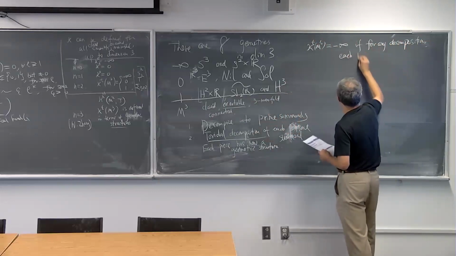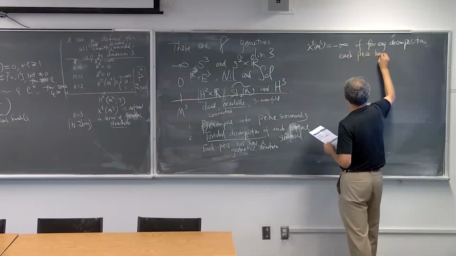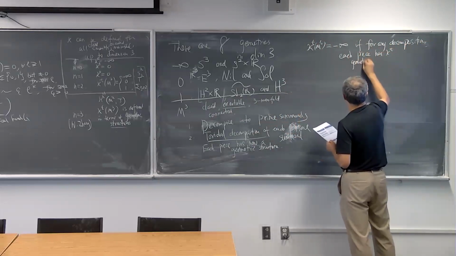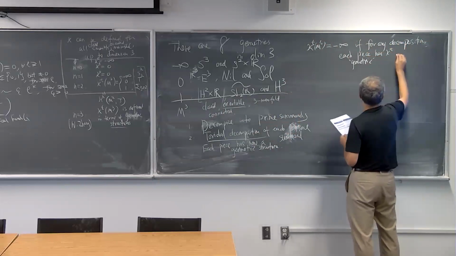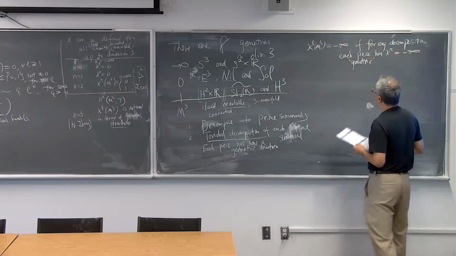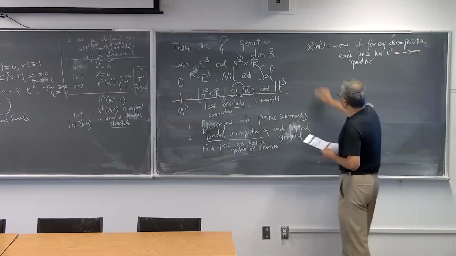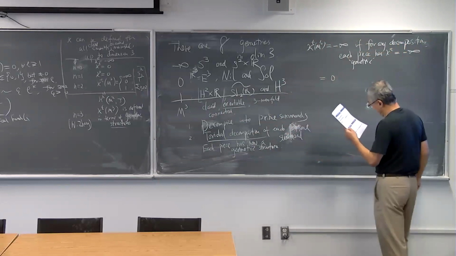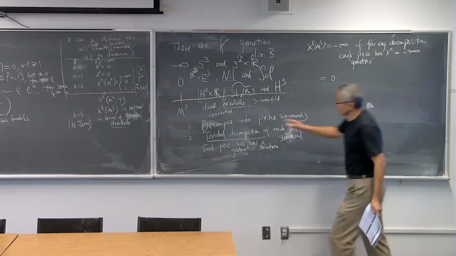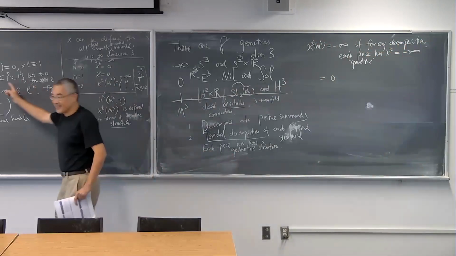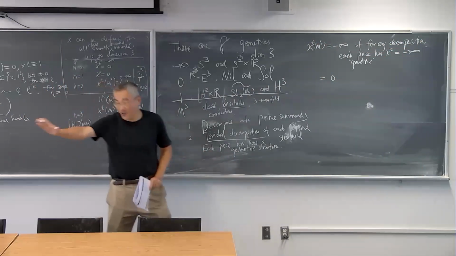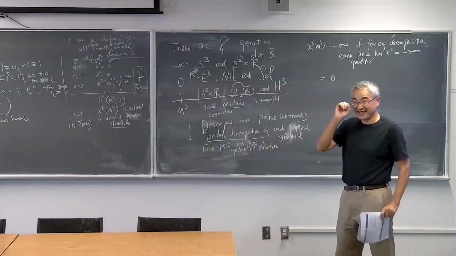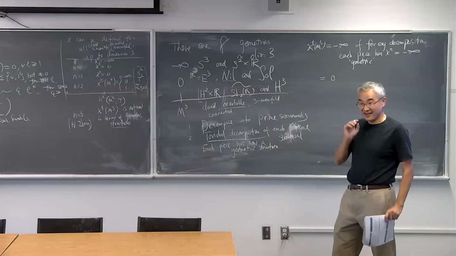Each geometric piece has a Kodaira dimension. Then it's zero if it's similar to this case. So for some piece, the geometric piece has Kodaira dimension 0.